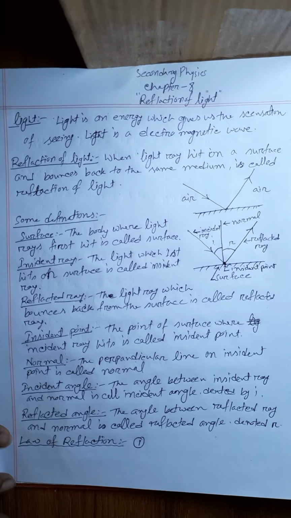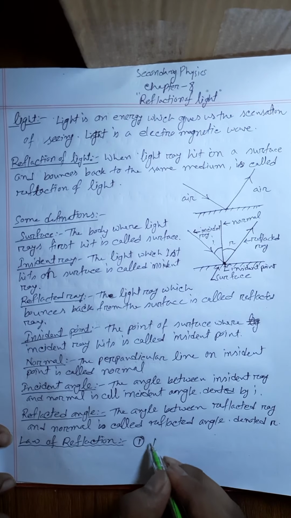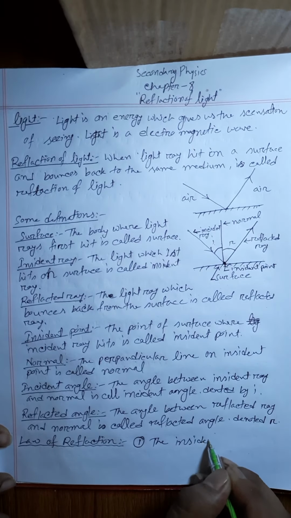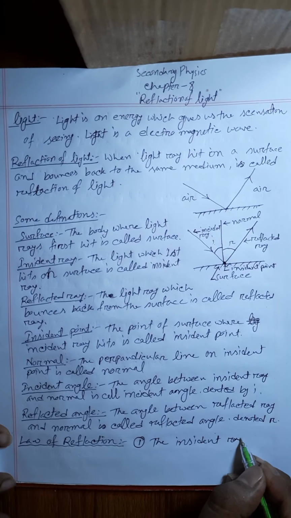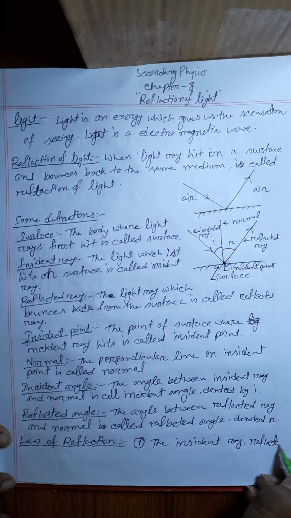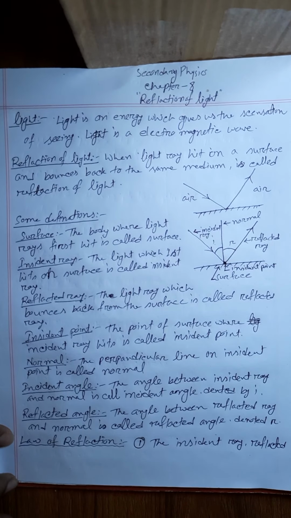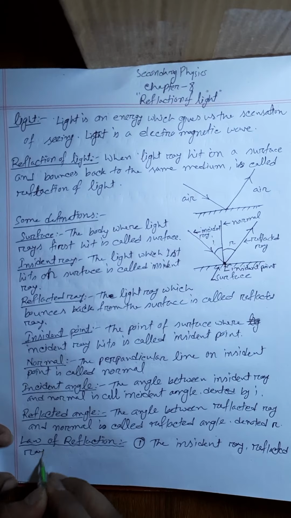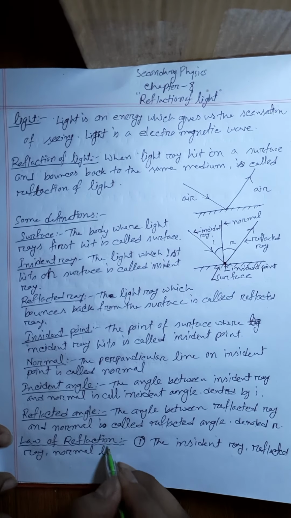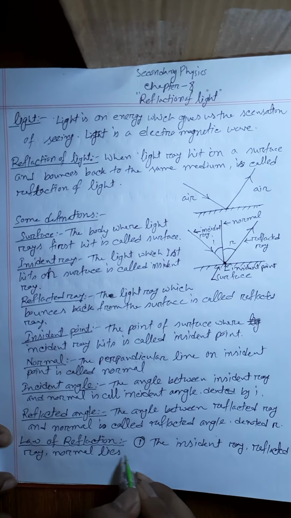First law: the incident ray, reflected ray and normal lie on the same plane.